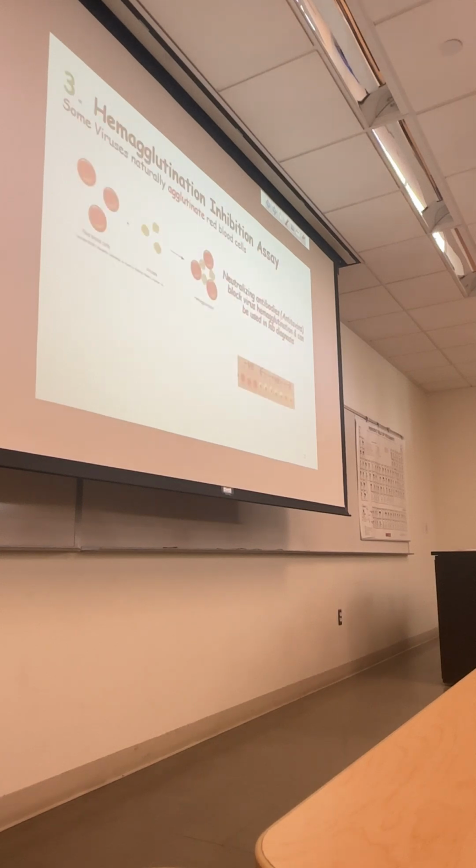All right. Do you know there are some nasty viruses that clump? There are some nasty viruses that clump the red blood cells. We call it what? Hemagglutination. There's some real nasty viruses. One test is to see if we can block that reaction. So we can actually put it on a slide or in a well and see if we can block the clumping. If we block the virus, then it won't be able to hit the red blood cells.